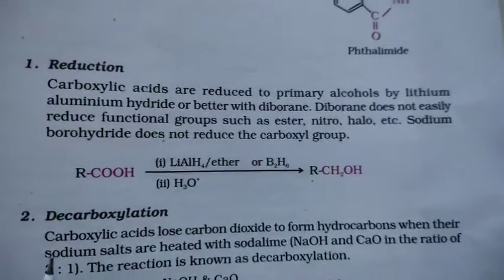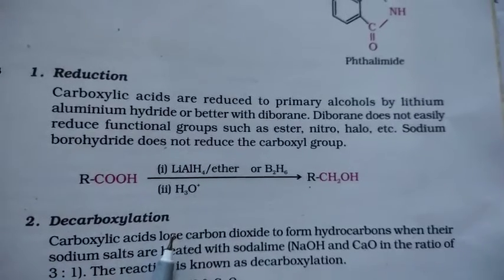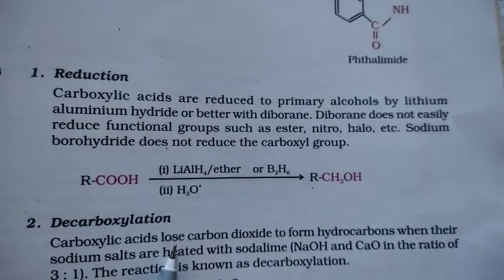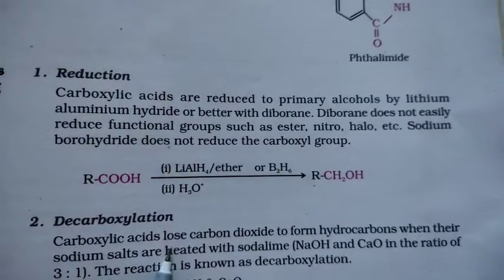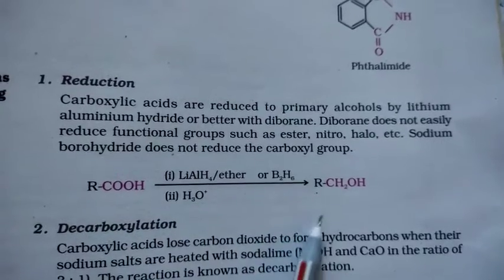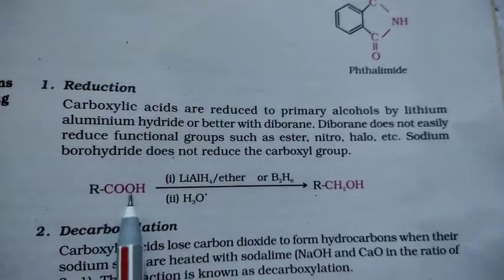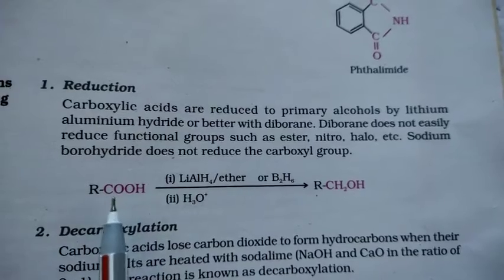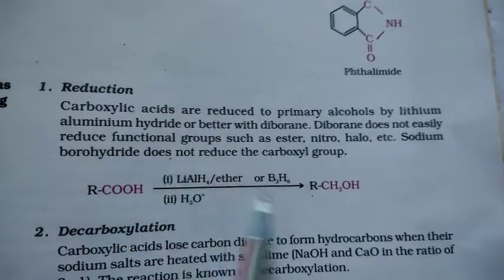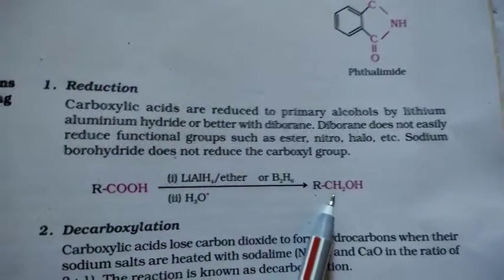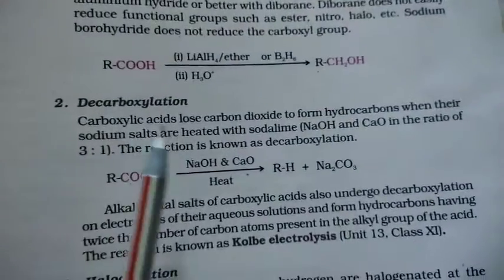One important note: this is not a new thing I am saying, you have already studied it in the alcohol chapter. When alcohol was oxidized, carboxylic acid was produced. Now when carboxylic acid is reduced, alcohol will be produced.